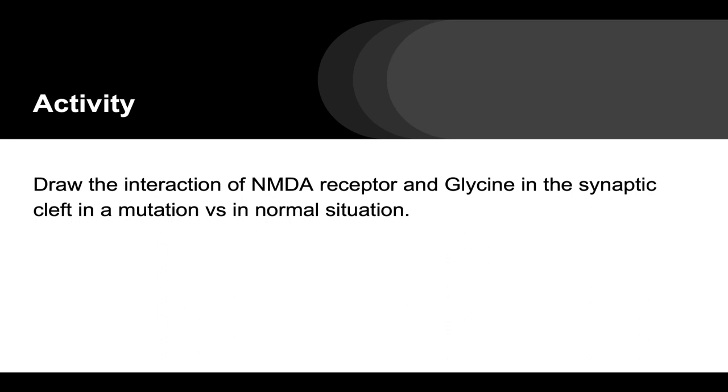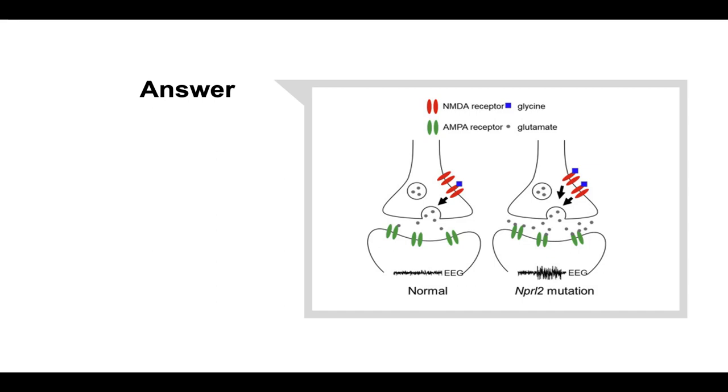Just a quick fun activity. If you could remember and draw the interaction of NMDA receptor and glycine in the synaptic cleft in a mutation versus in a normal situation, to test out if you remember. And then here's the answer.